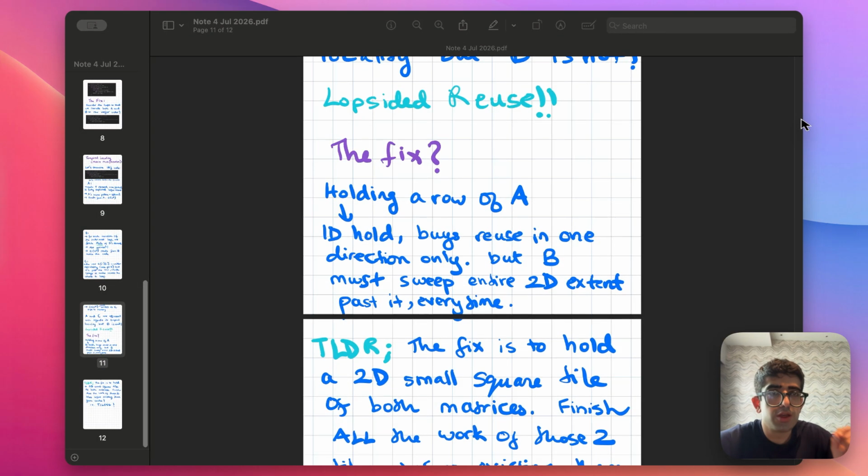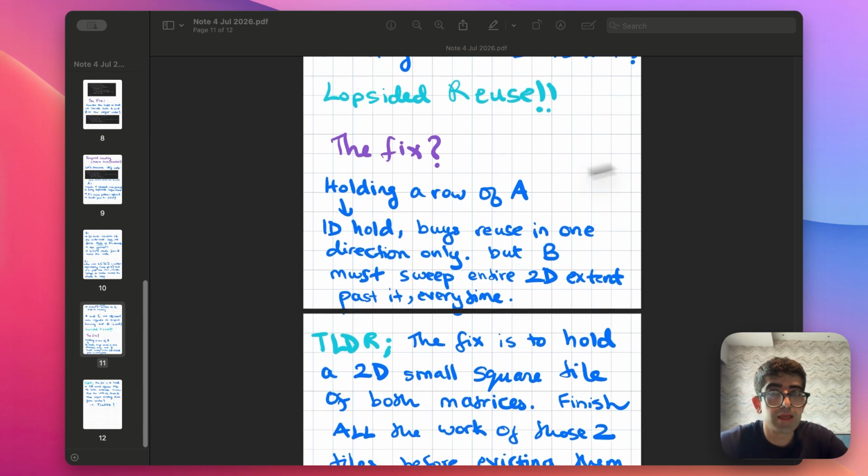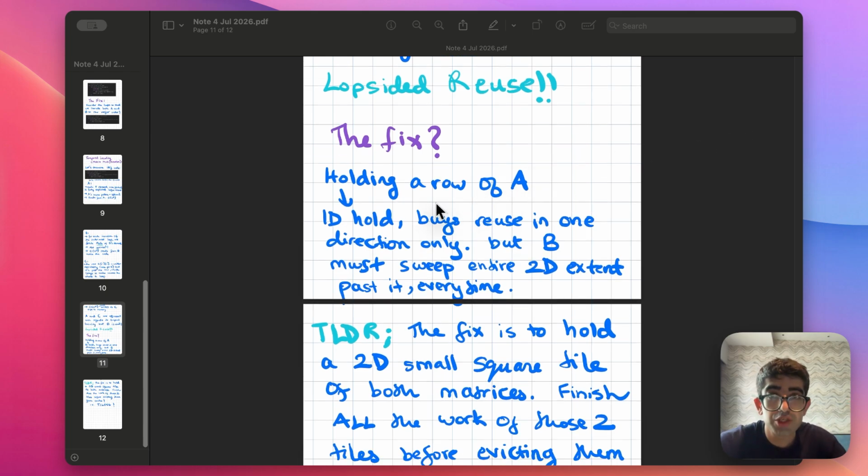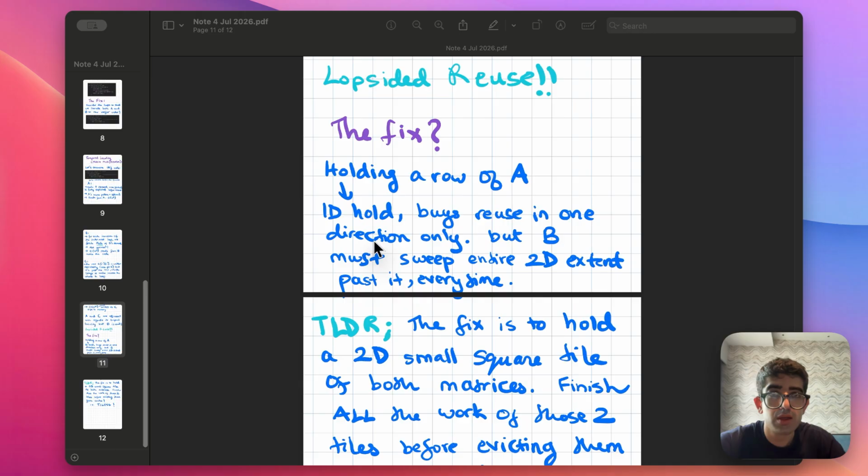Now, the fix for this lopsided reuse is a single key insight. And that insight is that currently we are buying reuse only in a one dimensional way. But matrix multiplication is actually a 2D problem. The reason why that happens is that in the outermost loop of the matrix multiplication, we are essentially holding a row of A and then doing reusable work across that one row of A. So basically, this is a 1D hold, and it buys reuse in one direction only.